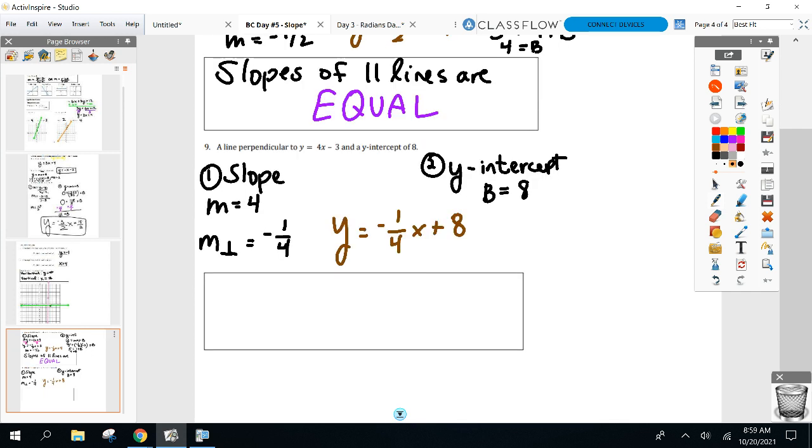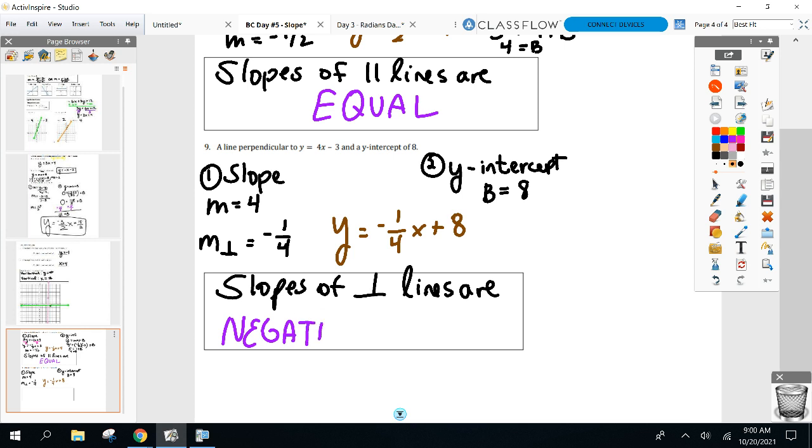All right, so slopes of perpendicular lines are negative reciprocals. Flip and change the sign. Flip and change the sign. Okay.